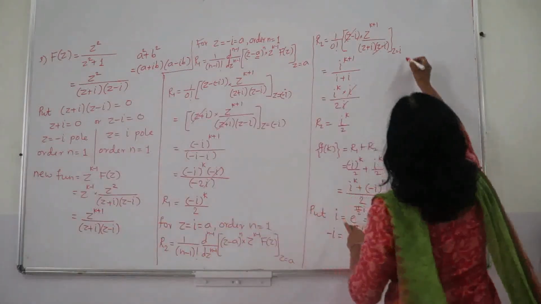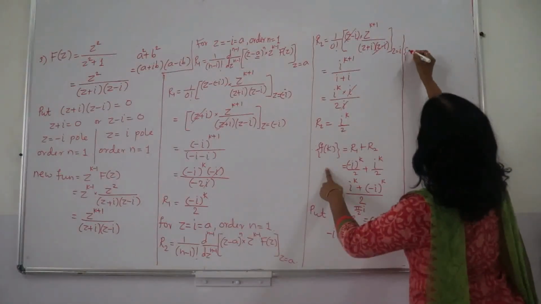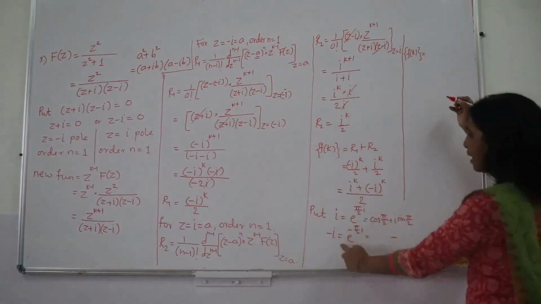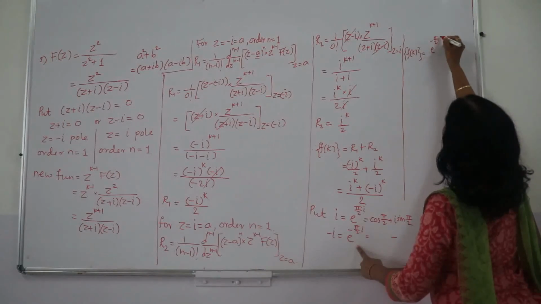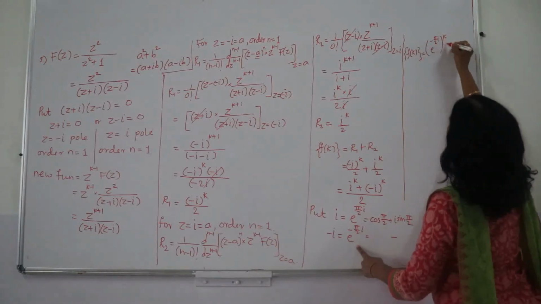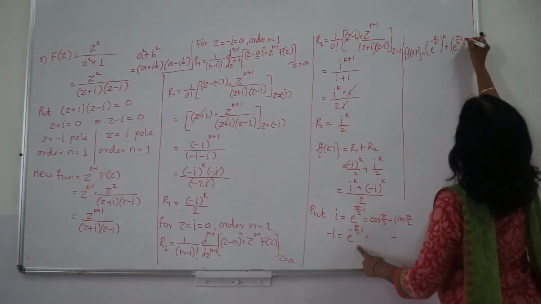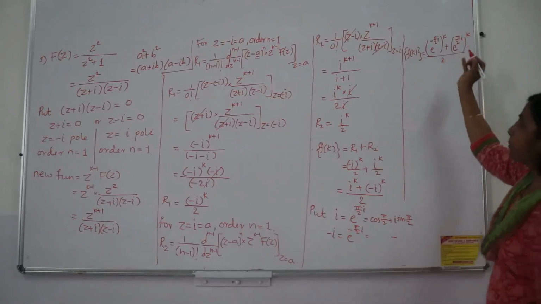So if I am trying to simplify this at the last, then what will I get as my final answer? f of k is equal to, now minus i I will replace by e^(minus i pi/2), it has the power k. Then plus, the second value is e^(i pi/2), it has the power k, divided by 2. Now power raised to power, multiplication.